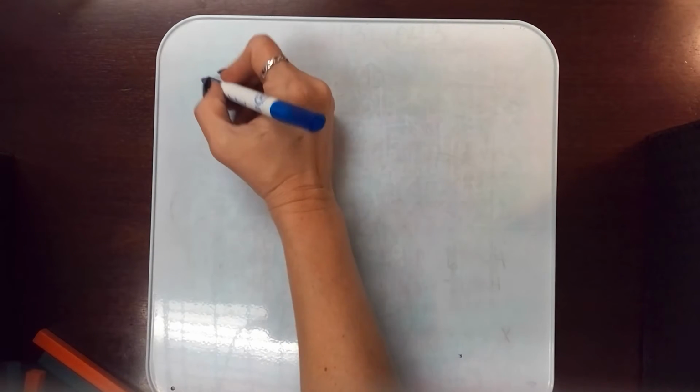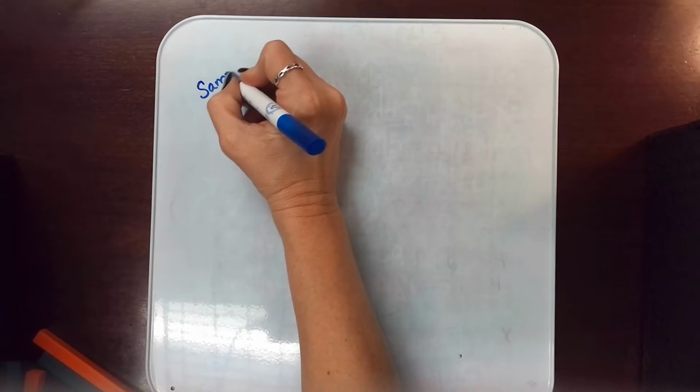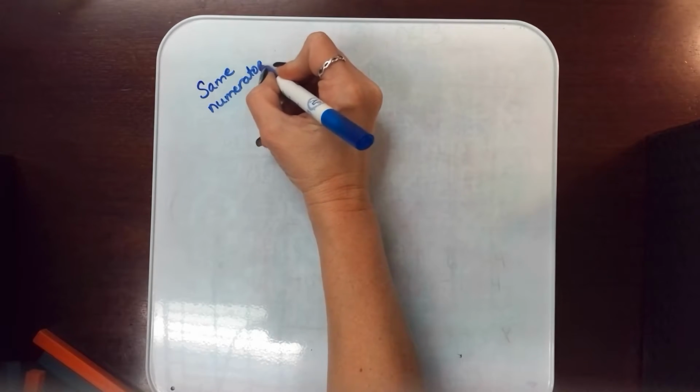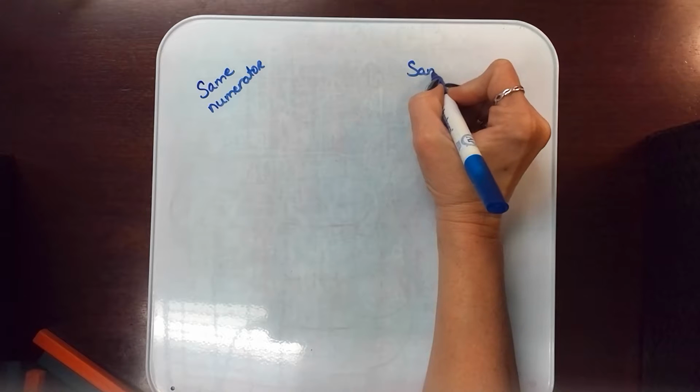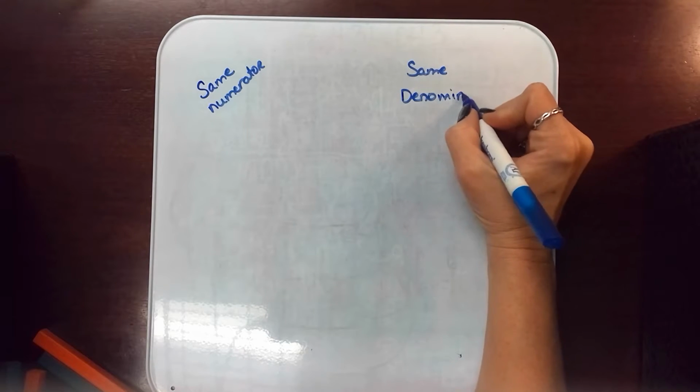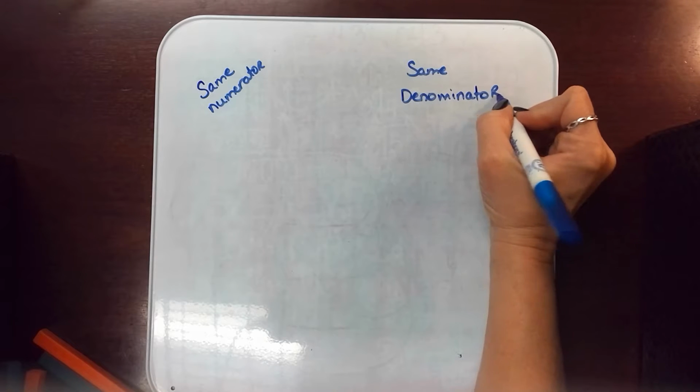Now, then we get into comparing fractions. What's great about comparing fractions is that you're either going to have the same numerator or the same denominator. Now, you may have pictures. You may not have pictures.